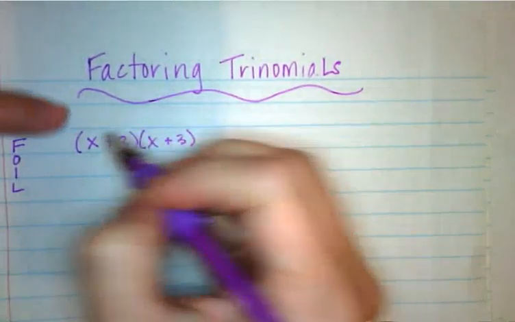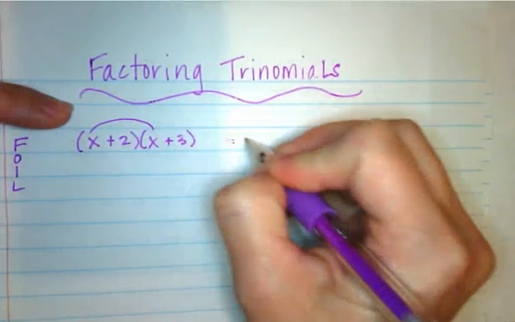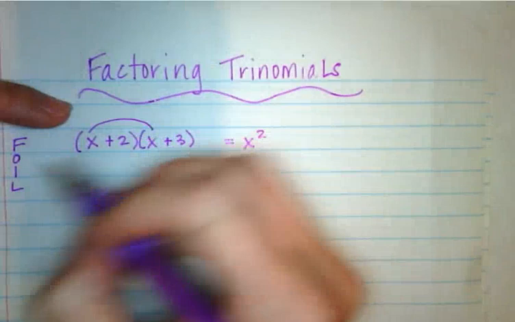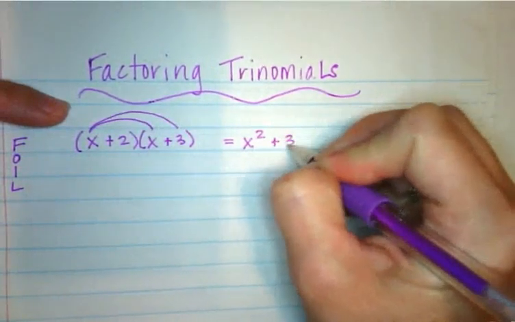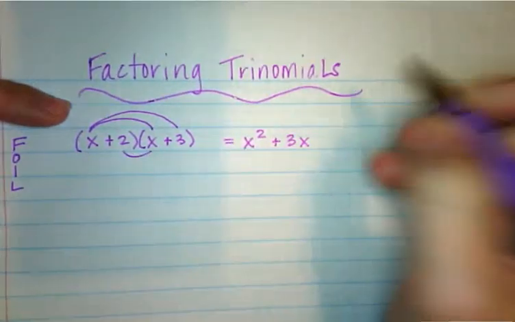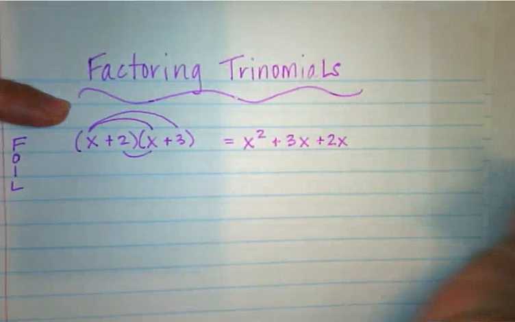The F stood for multiplying the first numbers together, which would be x squared. And then the O was the outside numbers, which would be a positive 3x. The I is the inside numbers, which would be positive 2x.